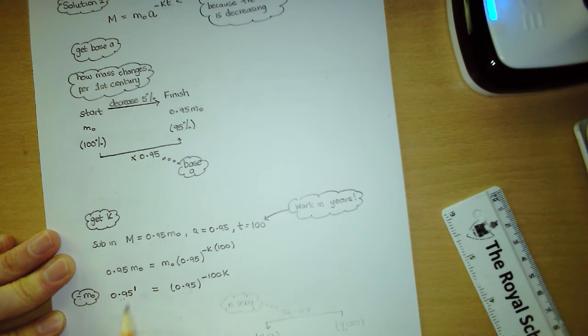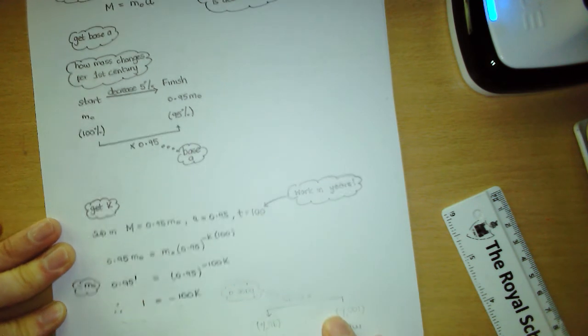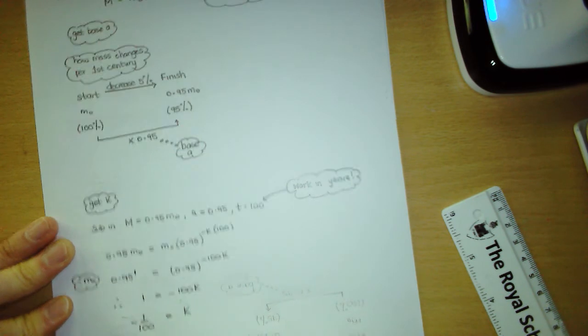So 1 must equal minus 100k. And then we're going to divide both sides by minus 100, so we're going to get minus 1 over 100 is equal to k. And there we go. We've just worked out the constant.